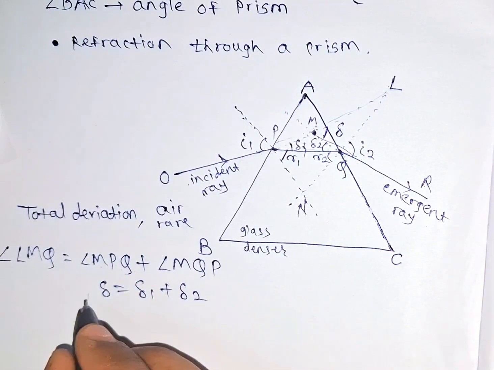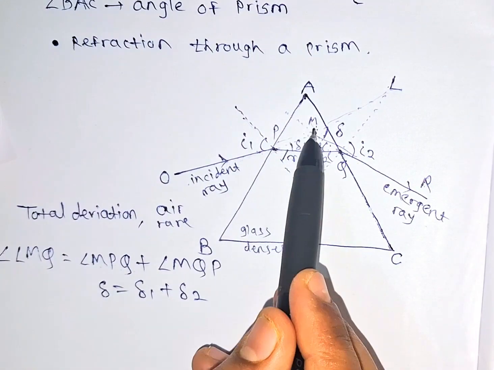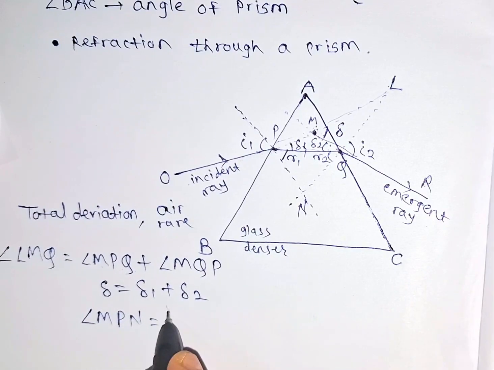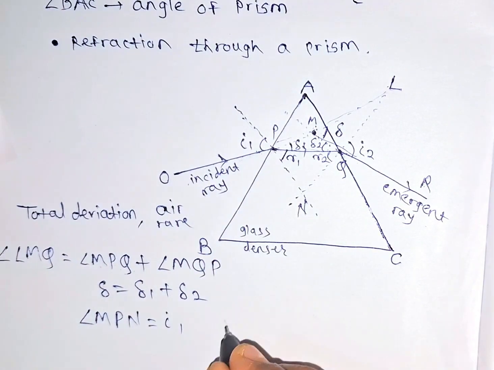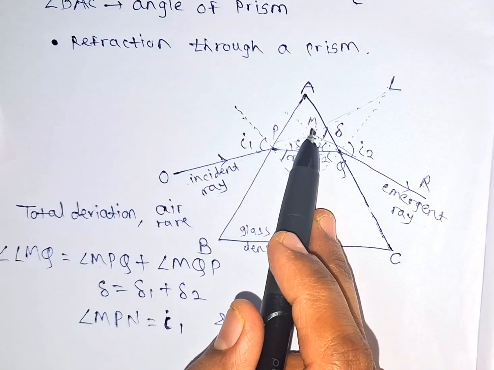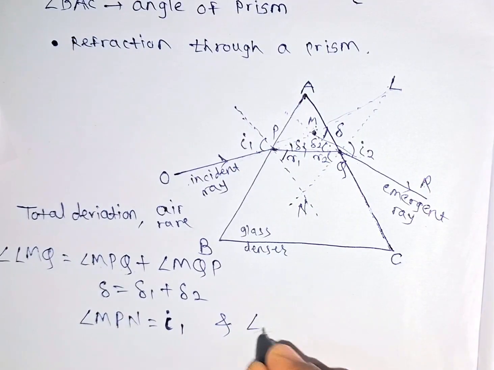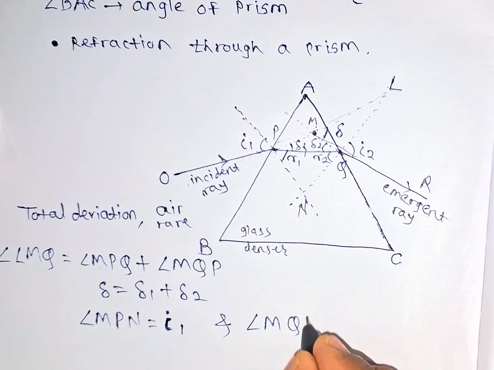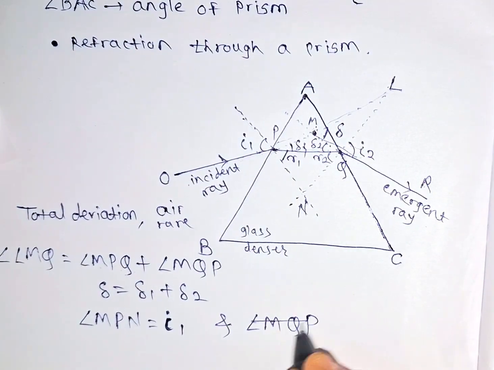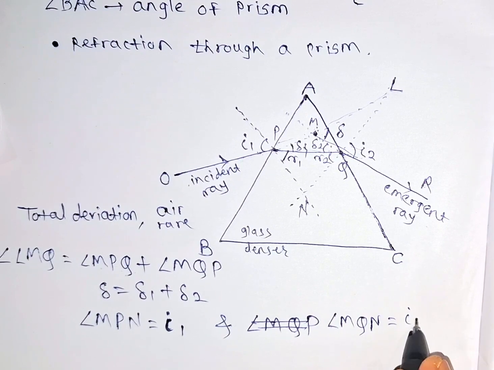Now we know that this angle MPN is I1, and angle MQN is I2.